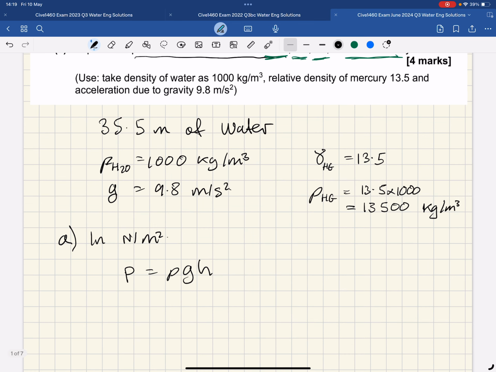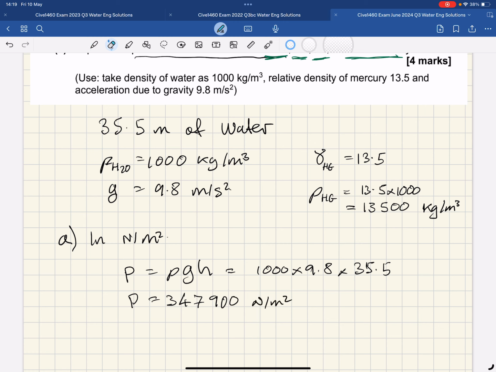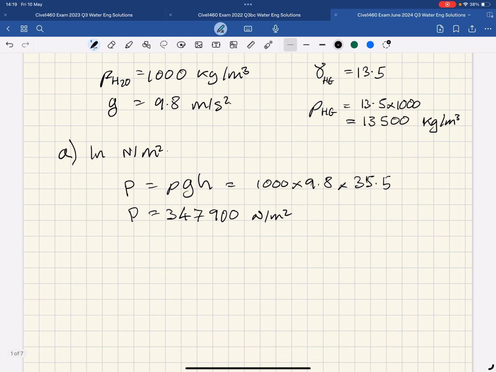We're going to use rho of water, so 1000 times 9.8 times 35.5, and that comes to P equals 347,900 newtons per meter squared. Right, straightforward.